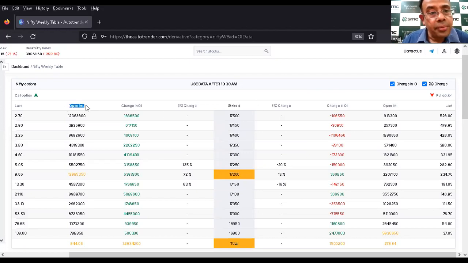The second thing is open interest. Open interest, as I have discussed, is all the contracts which have not been settled. So we are giving you a cumulative figure for the open interest from the day the contract started till today. Every contract starts not from the day the current week starts, but some 3-4 weeks back.